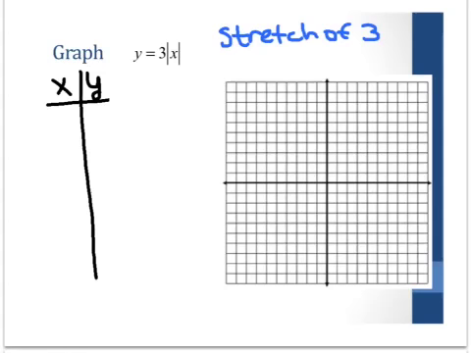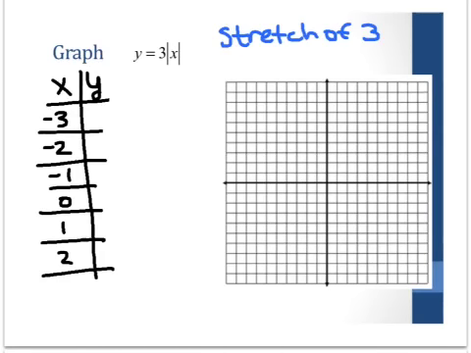So plugging in my normal parent function points for x, and then evaluating that in the function, plug in -3. 3 times the absolute value of -3 is positive 9. When I plug in -2, I get positive 6, positive 3, 0, 3, 6, 9.